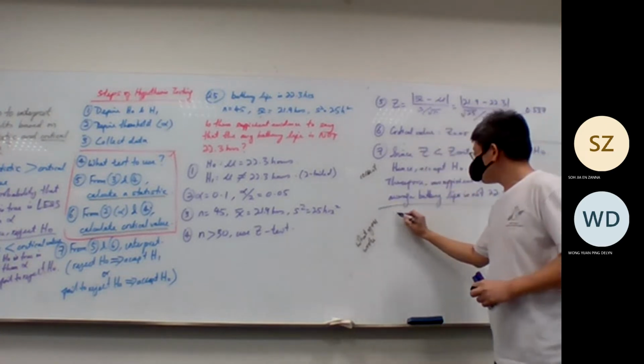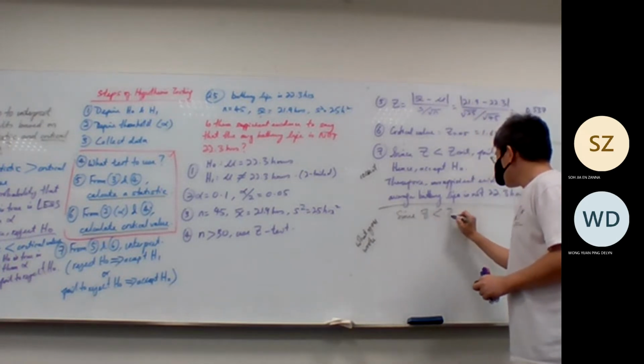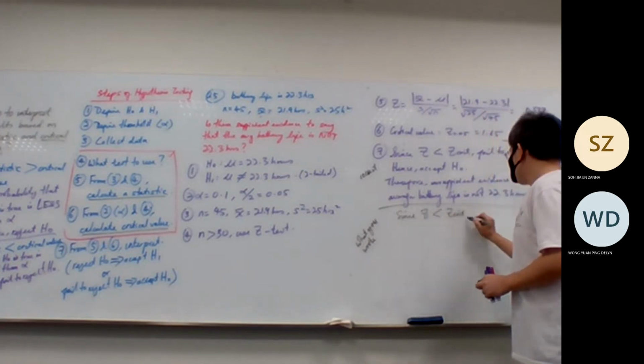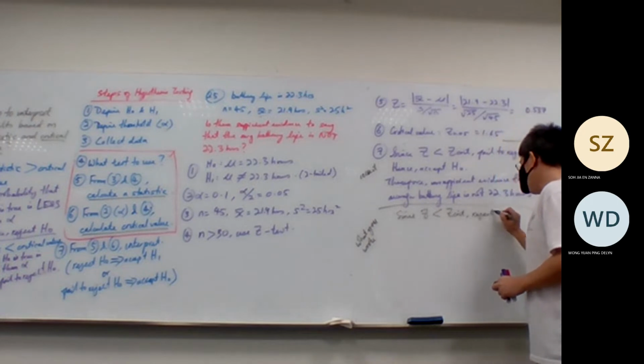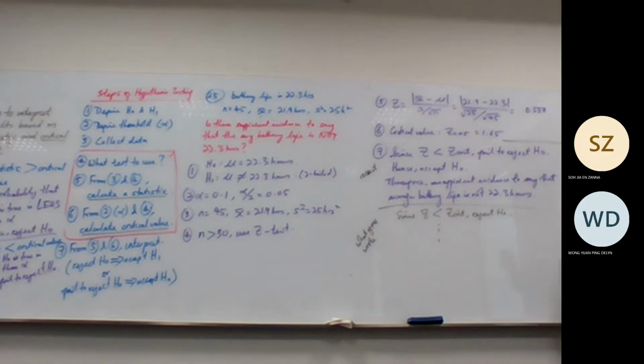You say that since Z is less than Z critical, you reject your null hypothesis, and so on and so forth. How many marks will you get? You get this wrong, I'll just give you a big fat cross and a 0 here. I don't even care about the rest of it.